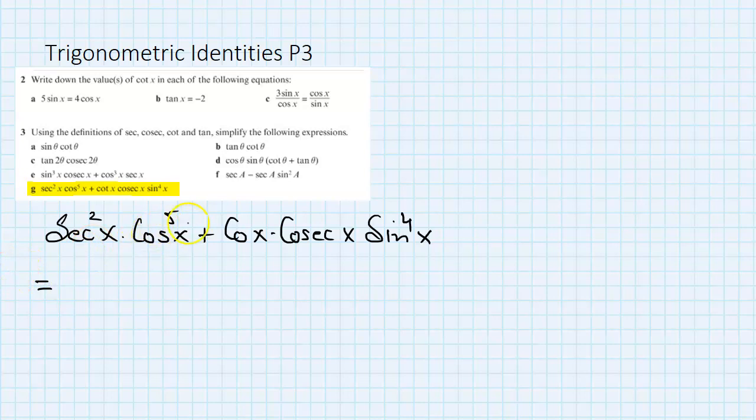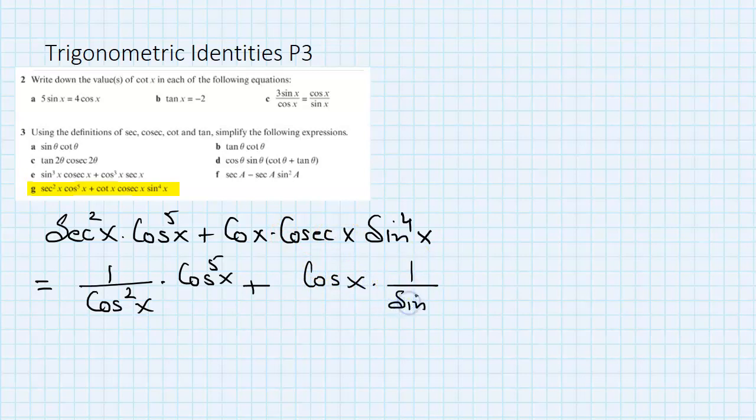Let's convert all into sine and cos. Let us see. That is my approach. So this is 1 over cos square x, this is cos 5x, plus this is cos x. Cosec x is 1 over sin x, and sin 4x. What I've done is I've only changed these two, and cos and sin I have not changed.